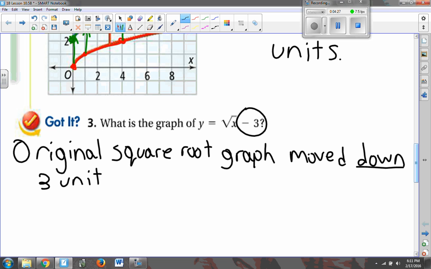And the reason that it is moved down is because it's a minus 3 right there. We're taking away 3, minusing 3 from the end of my square root of x. So that is moved down 3 units.